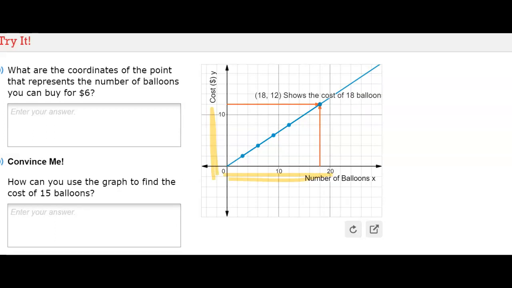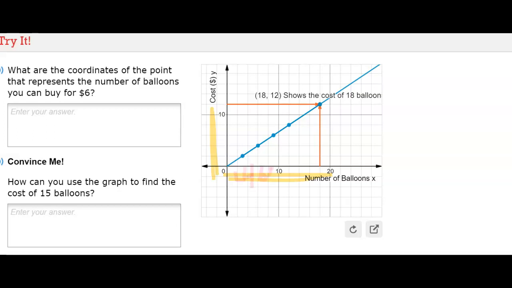But it asks us the coordinates for $6, so it's going to be 2 here, a 4 here, a 6 here, and then 8.